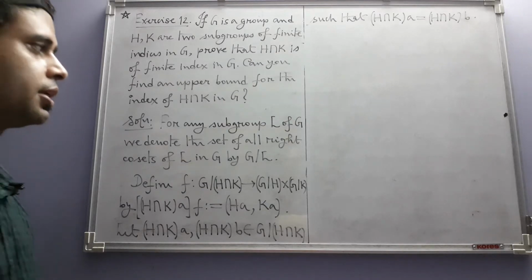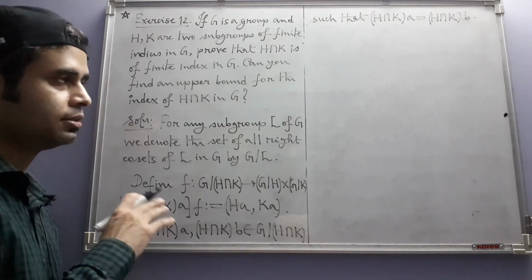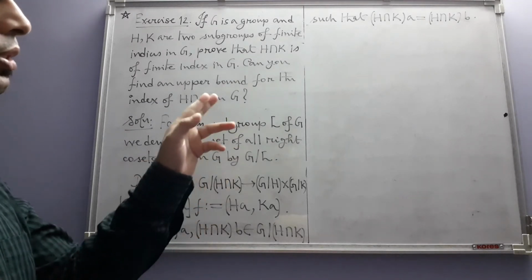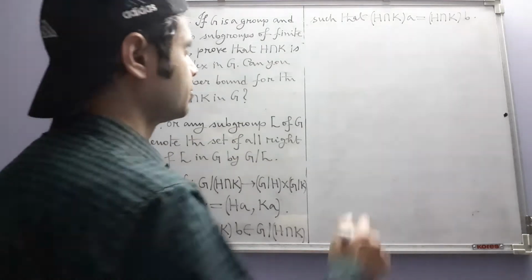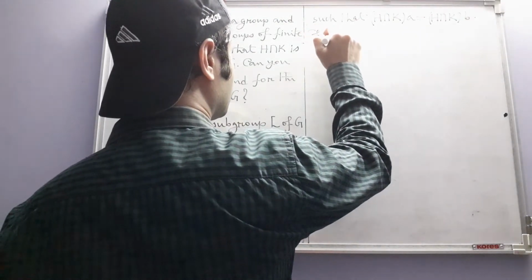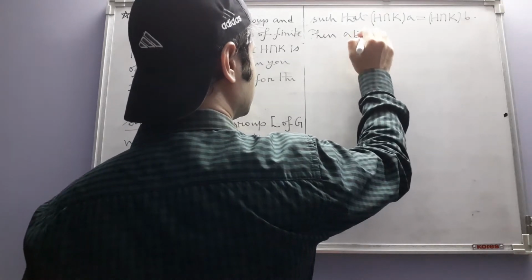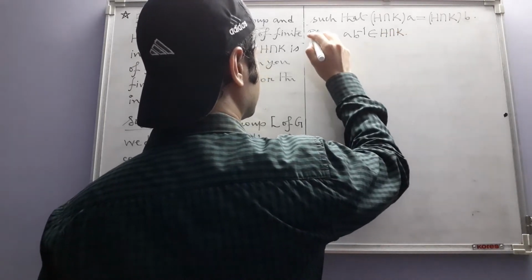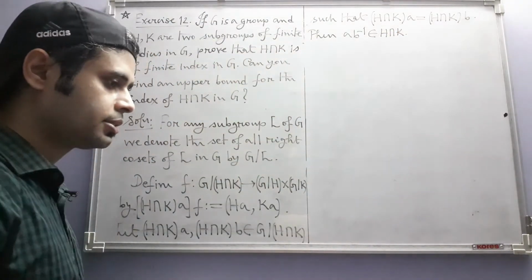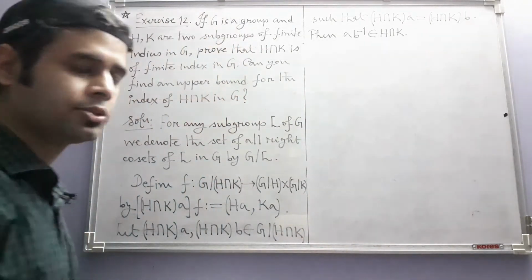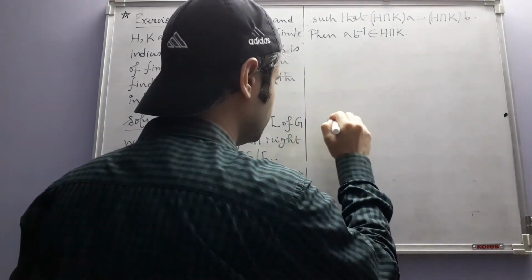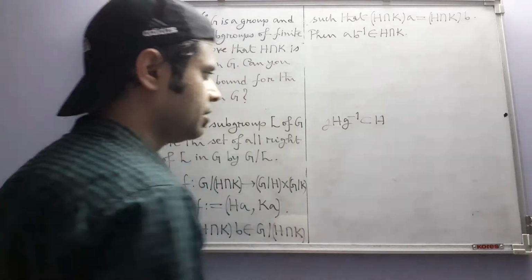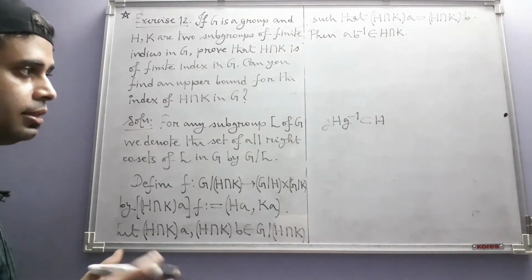Now you recall one of the exercise solutions that we did previously. There we found an equivalent condition for two right cosets to be equal. Then AB inverse belongs to H intersection K. It is that exercise where an implication was given as a hypothesis and we were asked to prove that GHG inverse is contained in H for every element G in the group.